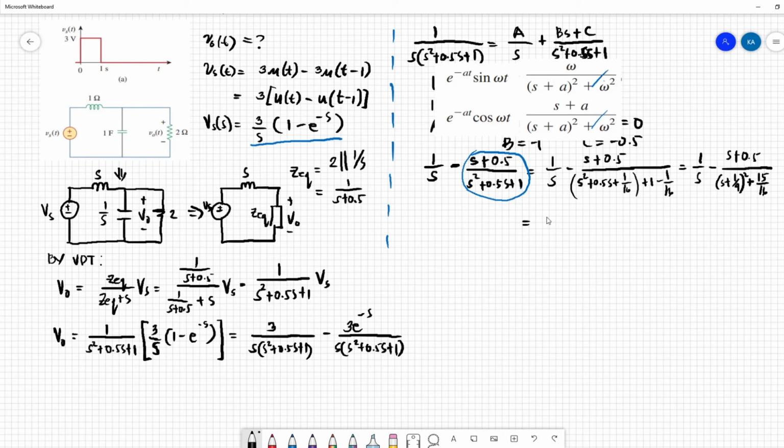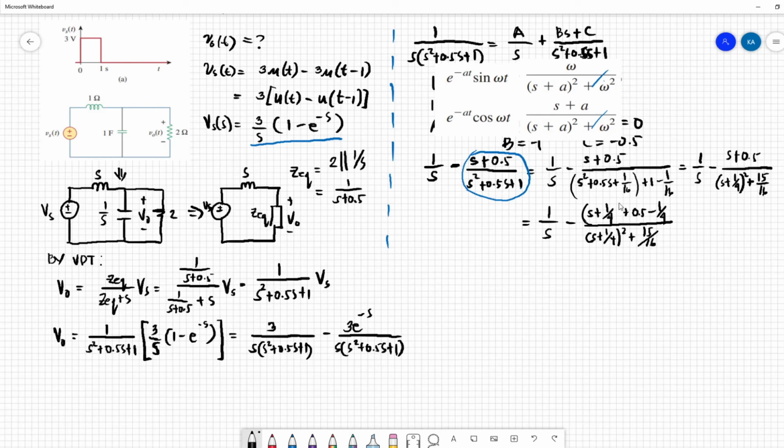We have 1 over s minus s plus 1/4 plus 0.5 minus 1/4 over s plus 1/4 squared plus 15 over 16.